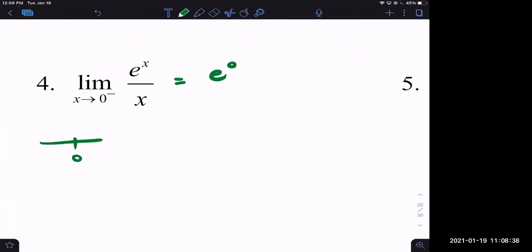So I'm supposed to be approaching 0 from the negative side. So what's a number close to 0 but on the negative side? Yeah, like negative 0.1. Well, e to the 0 is 1. So what's happening if we take 1 and divide by a really tiny number? The closer we get to 0, the more tiny negative number. What is that going to approach? Negative infinity. So yep, this will approach negative infinity.